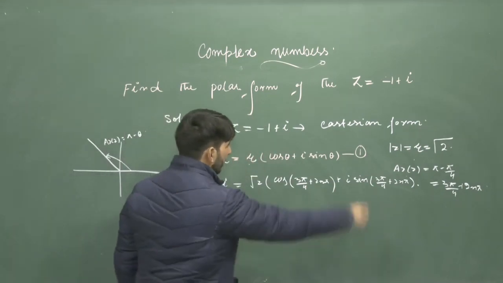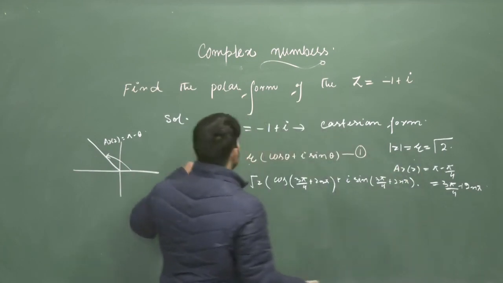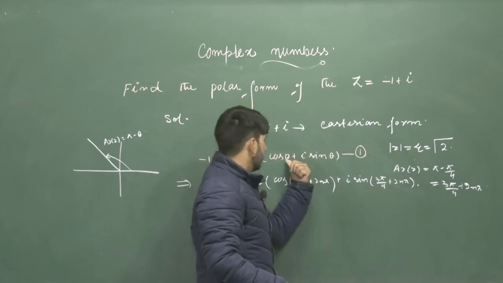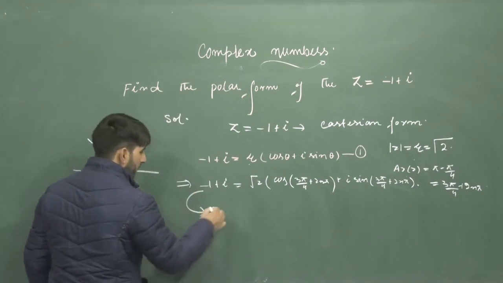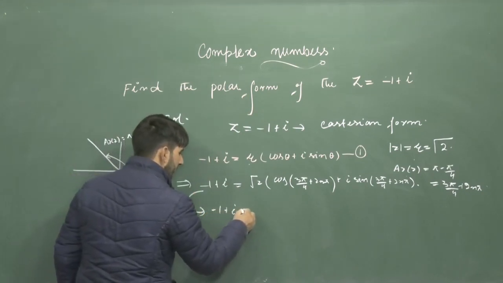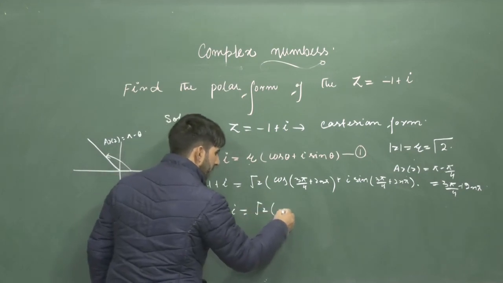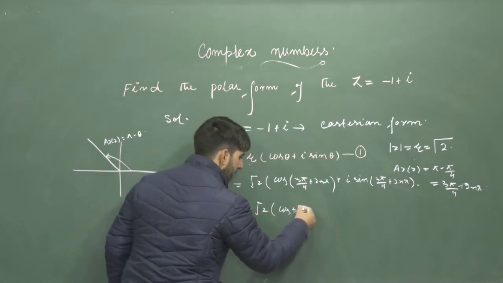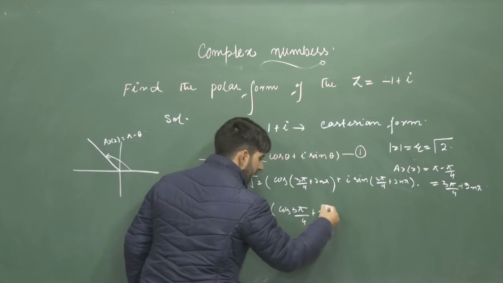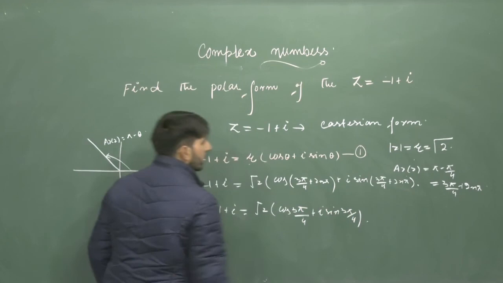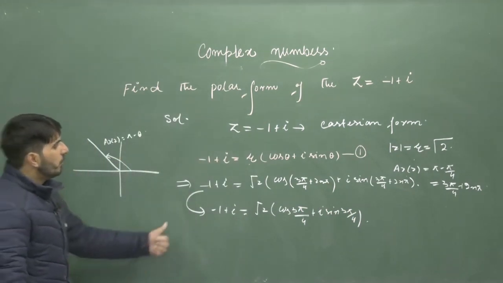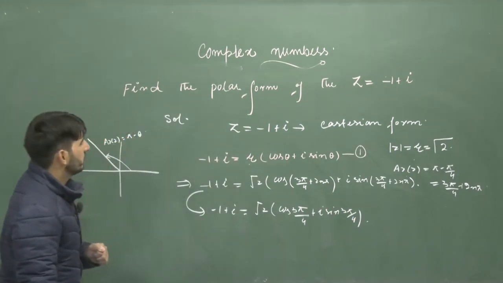Now, if the angle here is the principal argument, then its polar form is minus 1 plus i equals root 2 times cos of 3 pi by 4 plus i sin 3 pi by 4. So this is the polar form of the complex number.